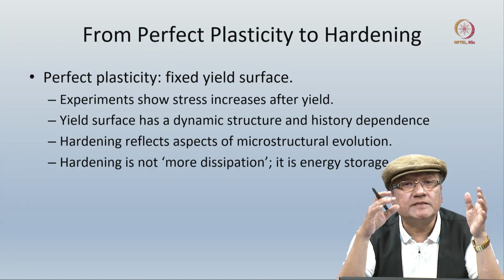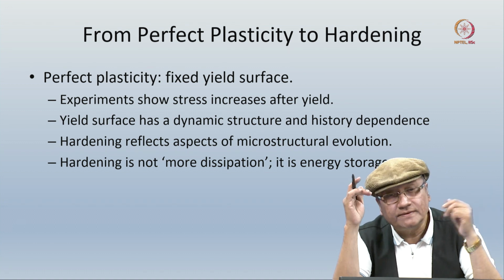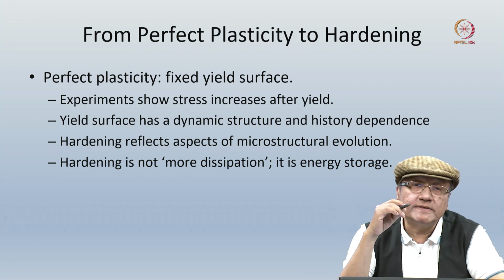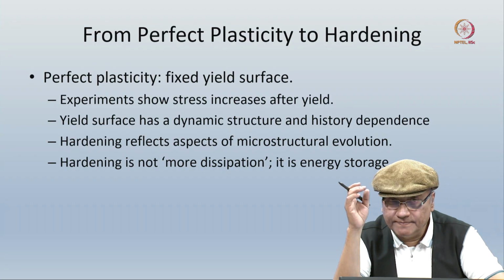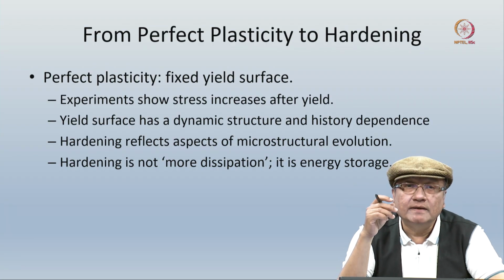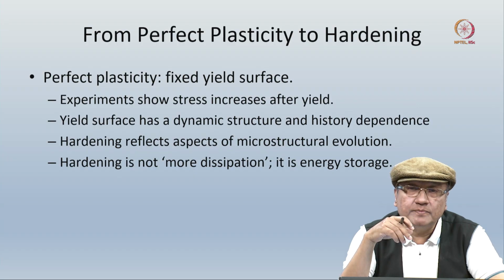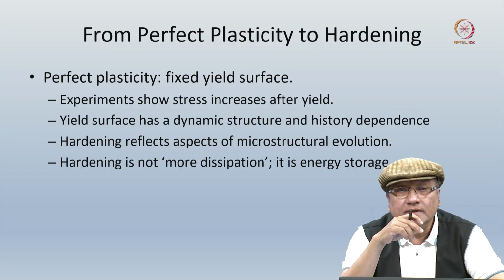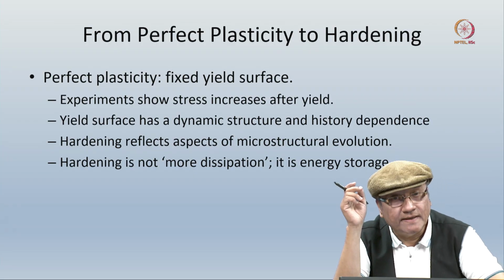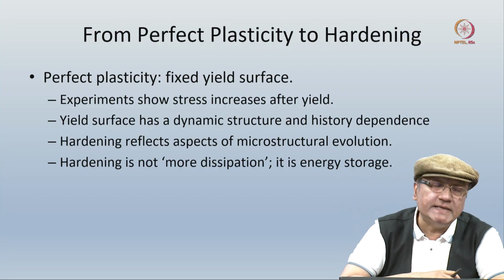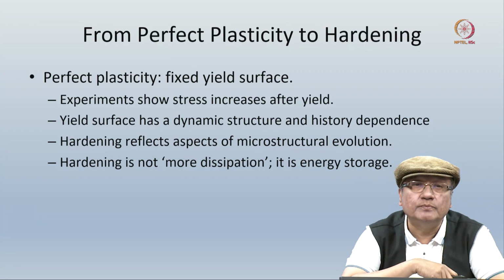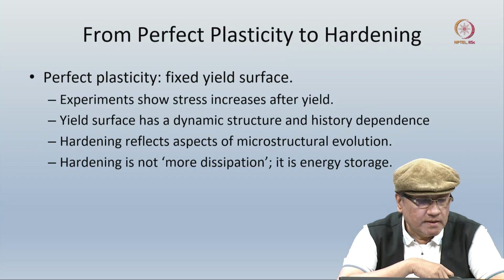When I say it expands, it is like the ball increases in volume. Or it may so happen that it moves. In other words, by taking the analogy of that ball, the center of the ball starts translating. Typically what we see in experiments is a combination of both these phenomena.